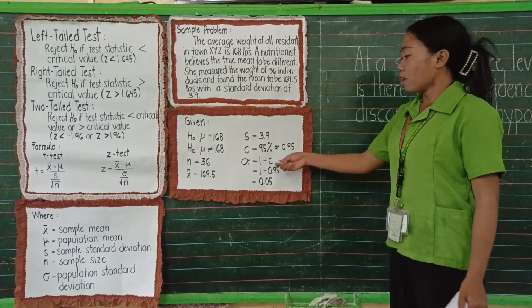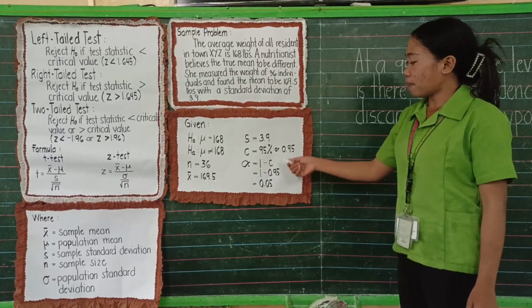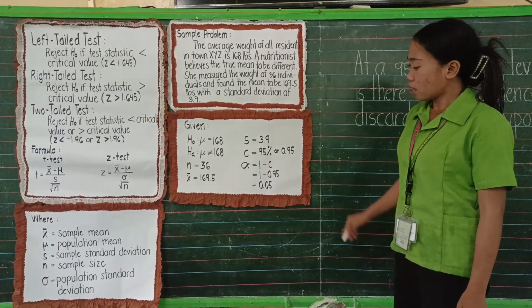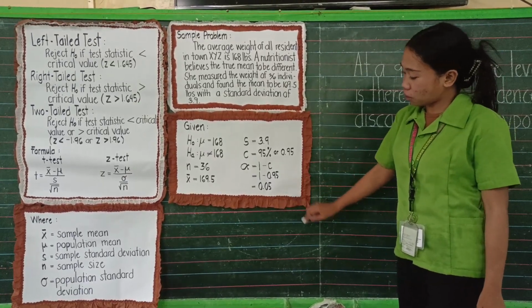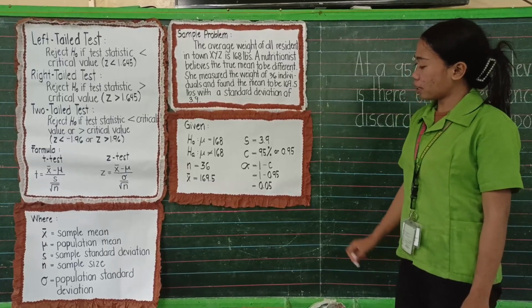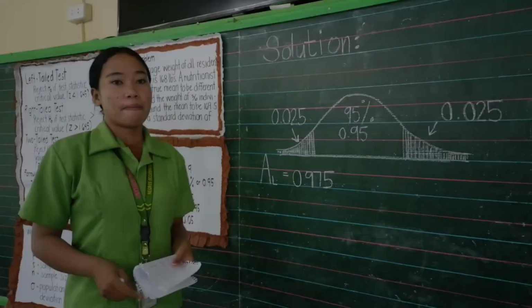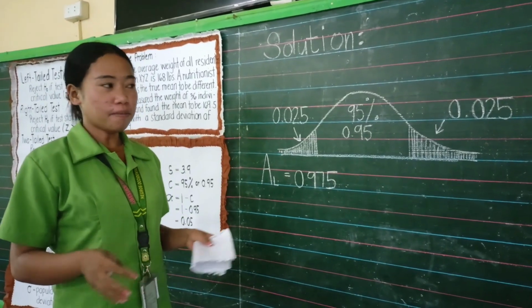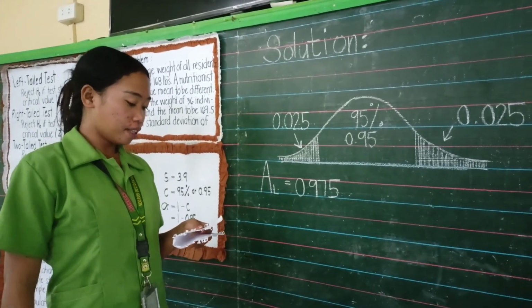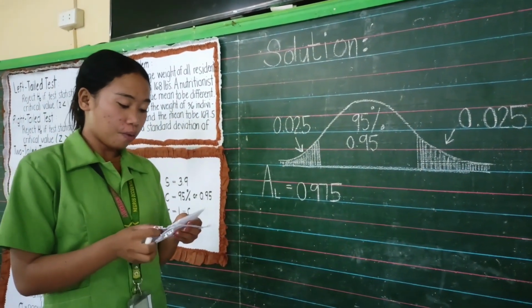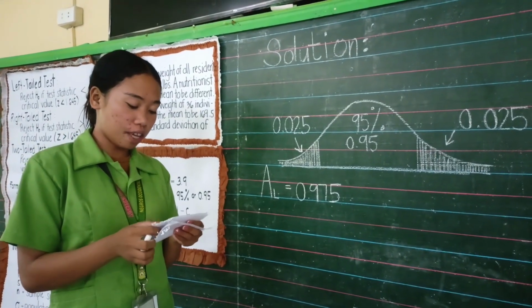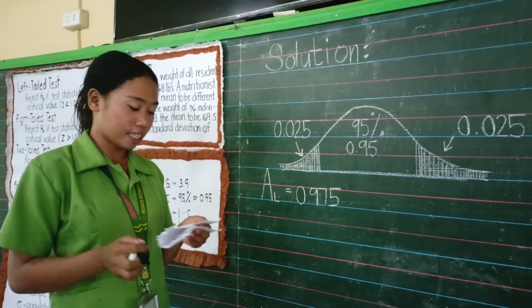So alpha is equal to 1 minus the confidence level. Substituting, 1 minus 0.95 is equal to 0.05. To use the traditional method, we should compare the calculated z-value with the z-value associated with the test statistic.